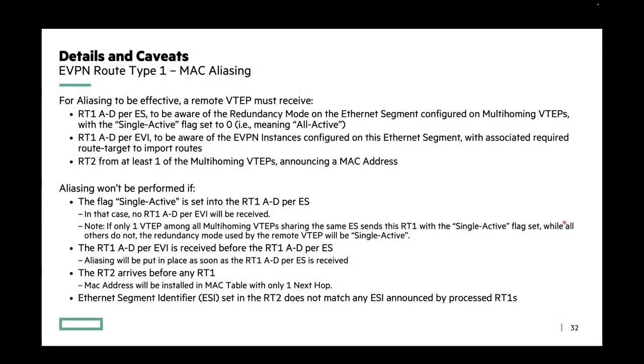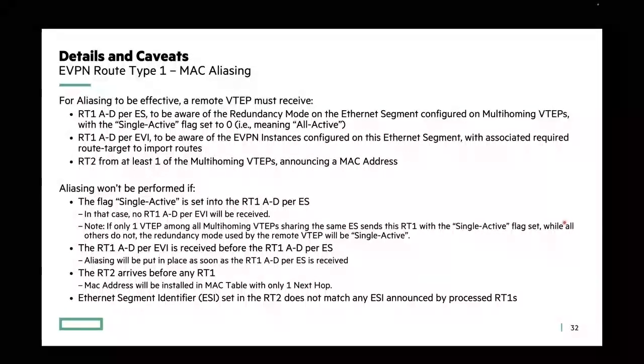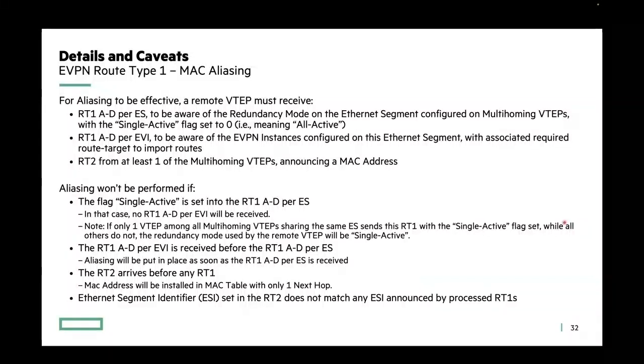Another point is when RT1 AD per EVI is received before the RT1 AD per ES, aliasing will be put in place as soon as the RT1 AD per ES is received. Then also when the RT2 arrives before any RT1.